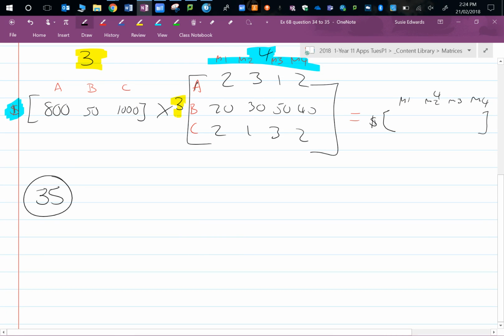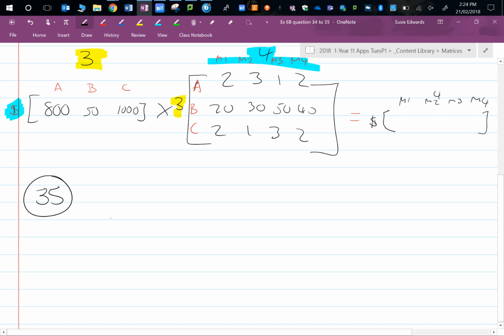All right. A manufacturer makes 3 different models of a particular item. Matrix P below gives the number of minutes in the cutting area, the assembling area, and the packing area required to make each model. So we're looking at minutes for each model, minutes to make it, okay?